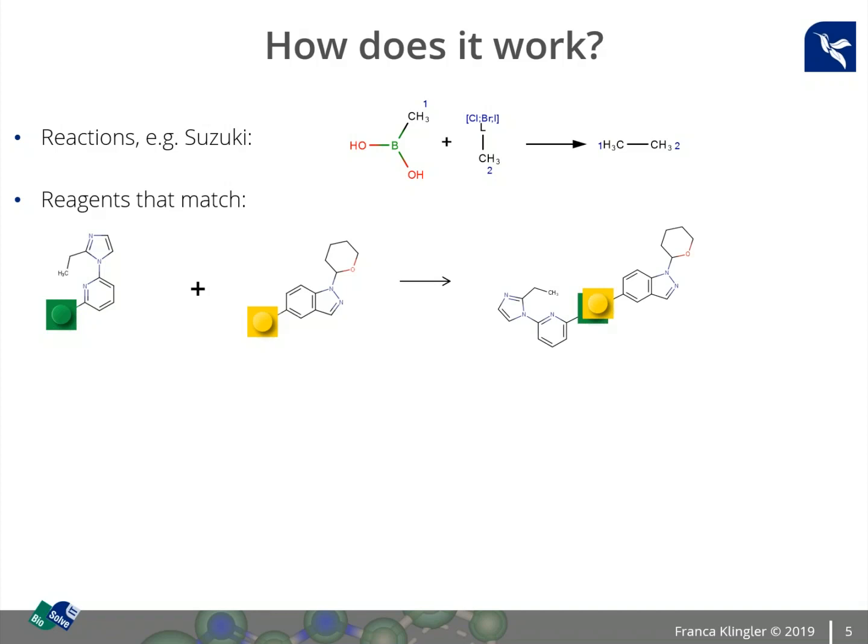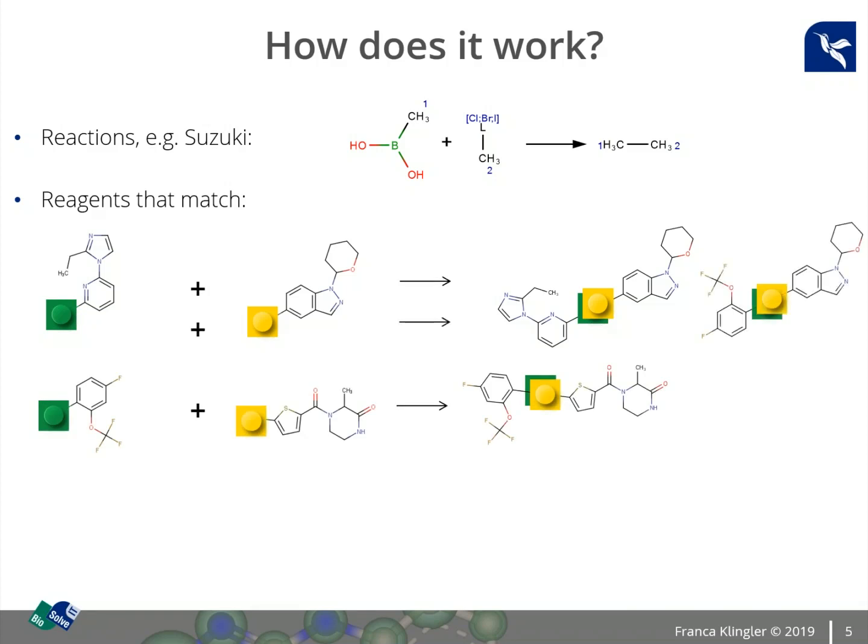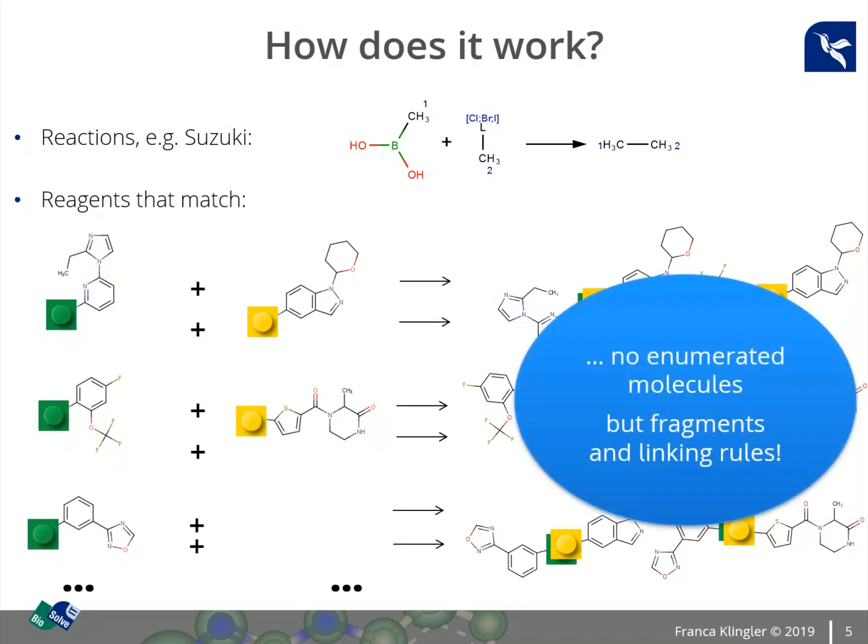So in this case, a yellow Lego brick matches a green Lego brick. If we add more reagents, you can see that the product side would explode, but we just keep the left side. We have only those fragments with the linkers on them and the big matrix on how to link them.